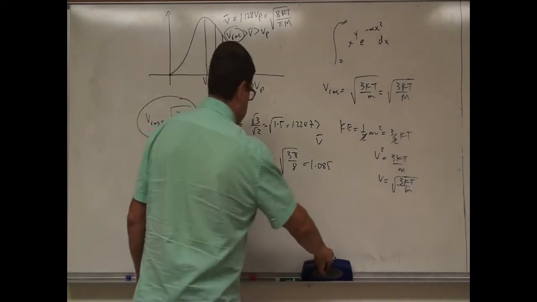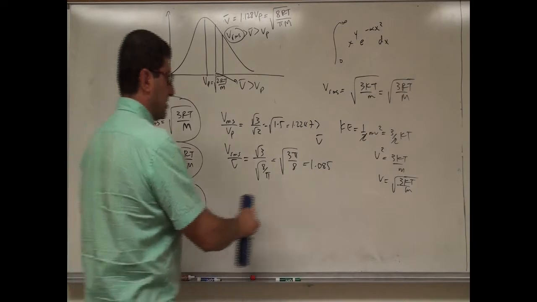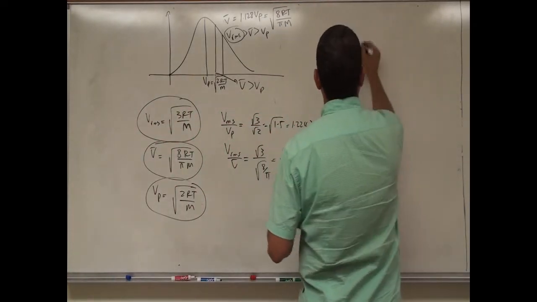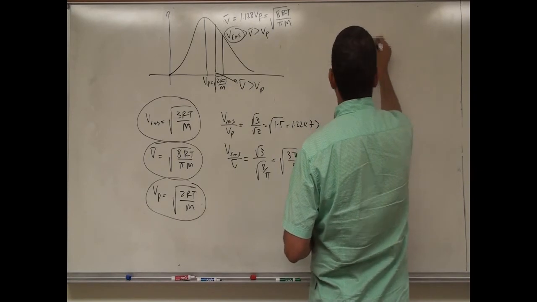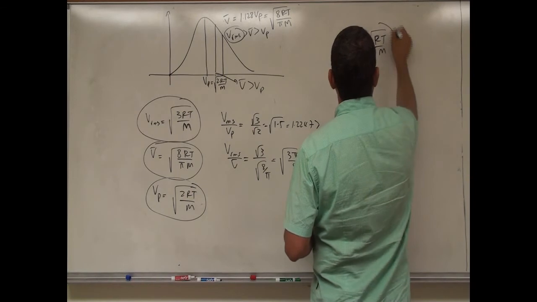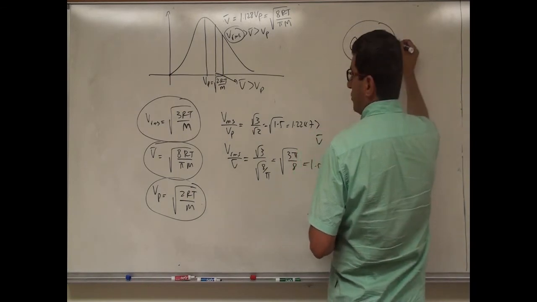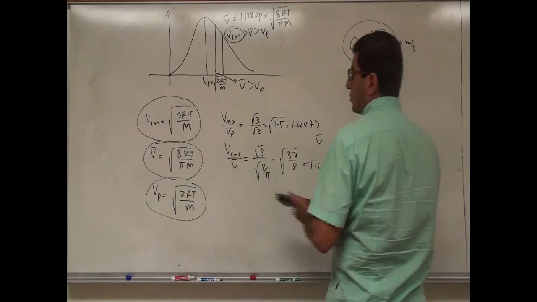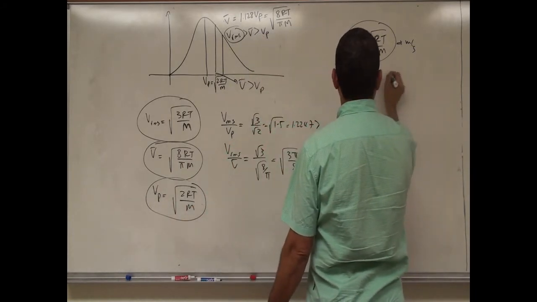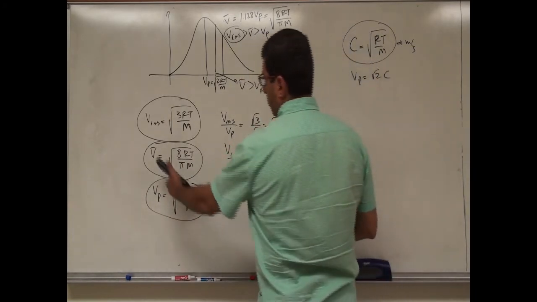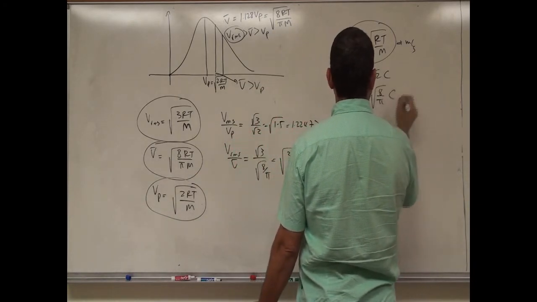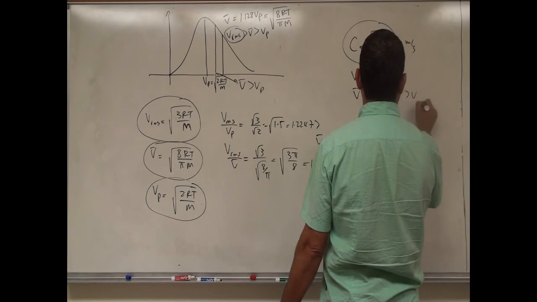A lot of times they will also rewrite this way. They will express this as a constant c equal to the square root of RT over m, some constant c, and this has units of meters per second. So then they're going to say V probable is equal to the square root of 2 times c. V average is going to be the square root of 8 over pi times c, which is going to be larger than V probable.